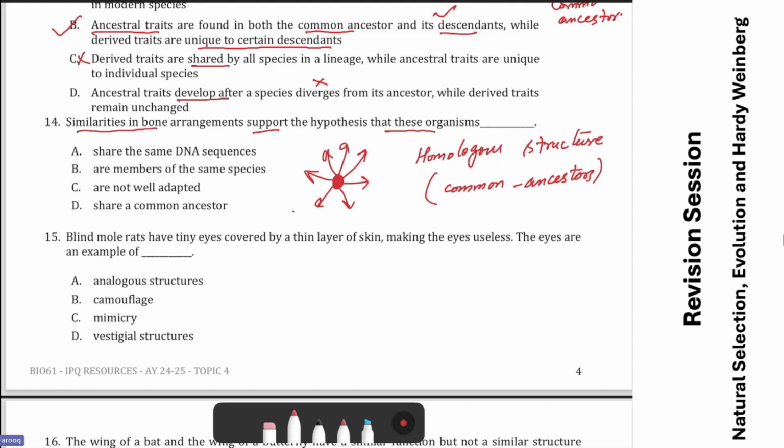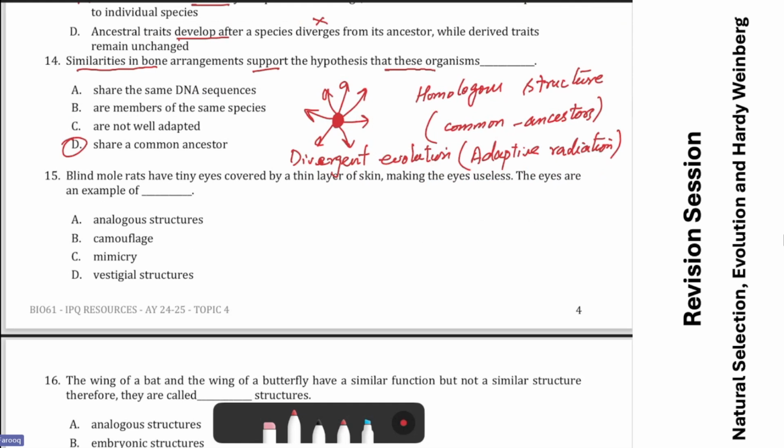This is what we studied in topic 4.3, and this was called divergent evolution, or we also named it adaptive radiation. So we said this concept is adaptive radiation. So easily we can pick that the answer is D.